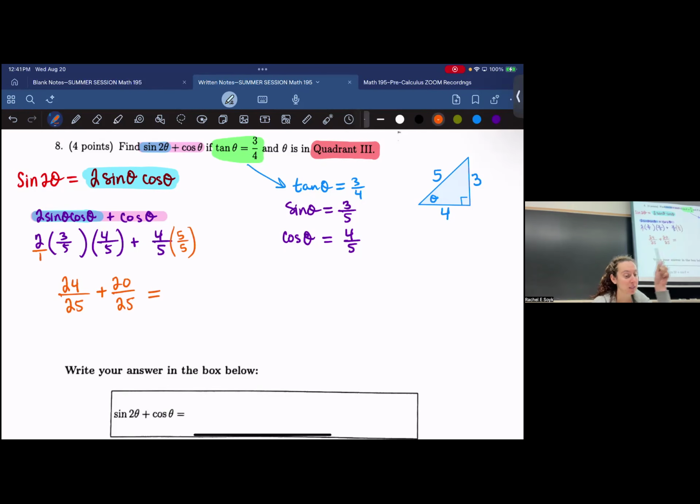And ooh, I made a mistake, right? I was assuming that all of these are positive, but we're in that third quadrant. So are sine and cosine both negative? Yeah, so we have to go back and make sure we incorporate those negative values.